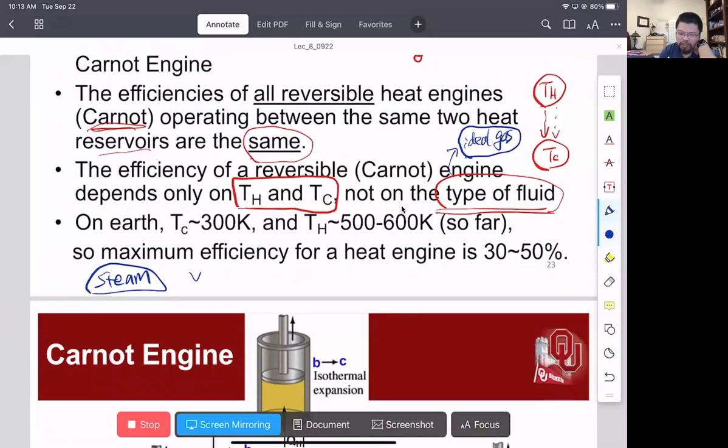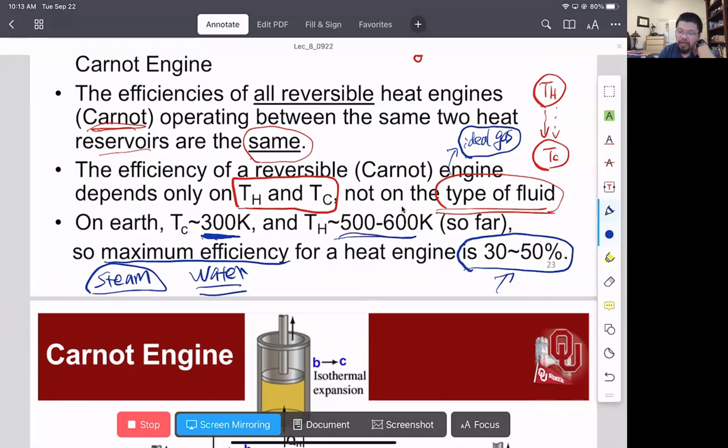This is why water and steam are the most convenient, and we stick with steam. So this leads to the maximum efficiency for the heat engine. That is why the normal efficiency is around 30 to 50%. This is simply because when we use water as a working fluid, this is the room temperature or the convenient liquid phase of the water.